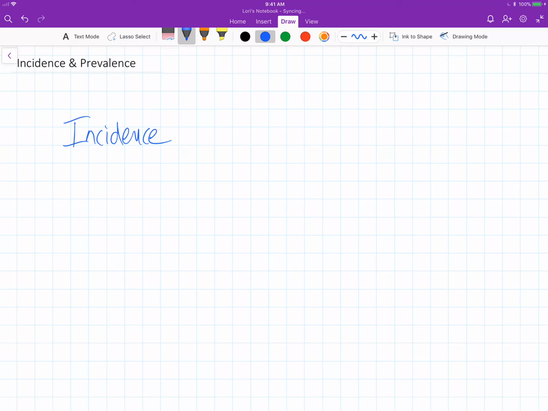Now, if we're just thinking about the actual count of incidents, then we talk about that as incident cases. And you can see how, just based on pronunciation, these can be kind of tongue-twisted and confused.